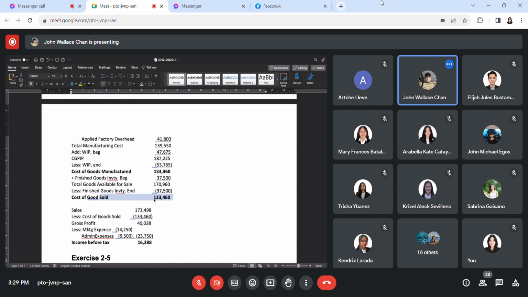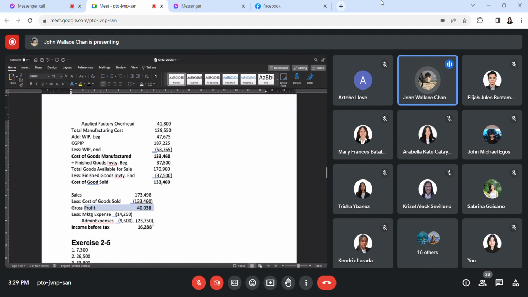So 133,460 times 1.3 or 130%. So our sales or our revenue totaled to 173,498 pesos. Then we subtract our cost of goods sold, which is this 133,460. We get a gross profit of 40,038 pesos.